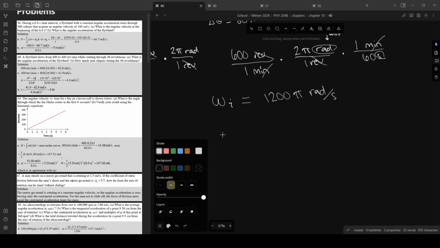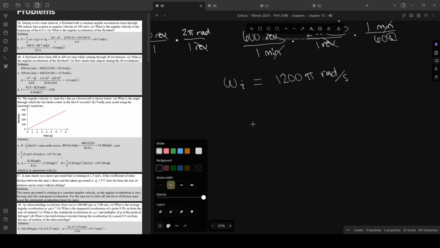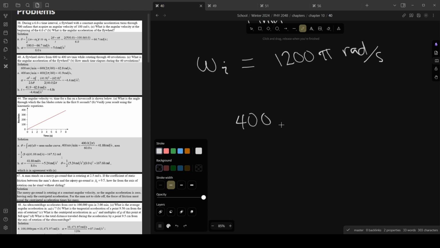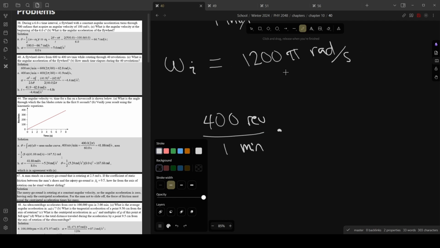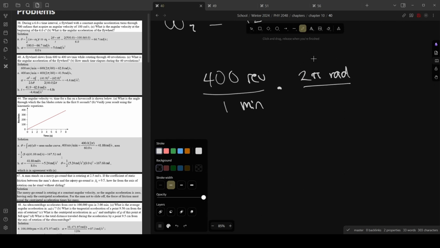And then our omega final will go through the same process. So 400 rev per 1 minute. Again, 2 pi radians. Make sure you write rad. I'm just going to write rad from now on so I know it's a unit.